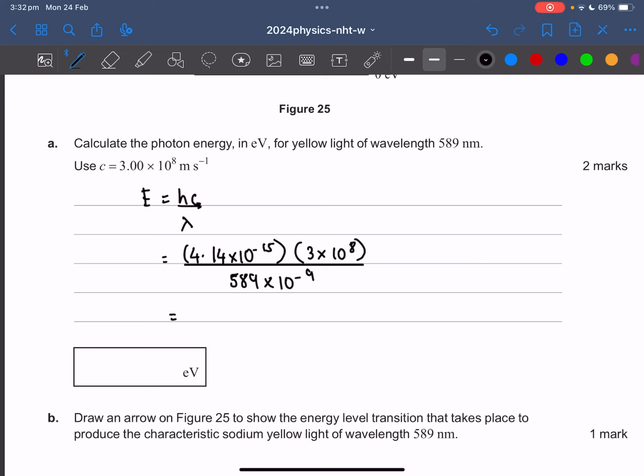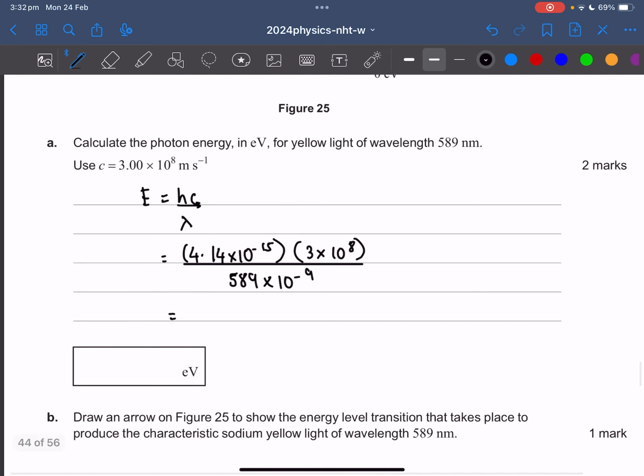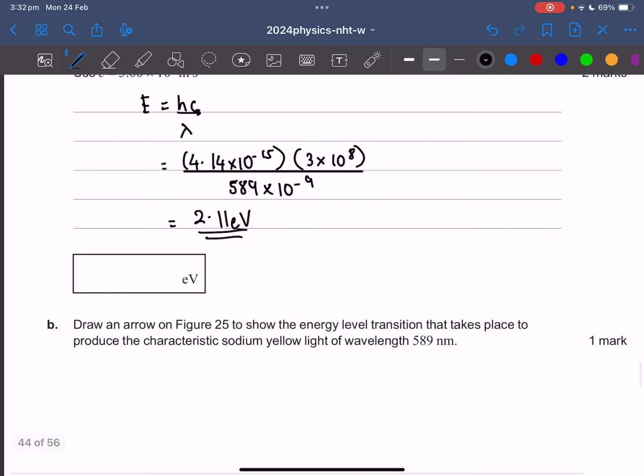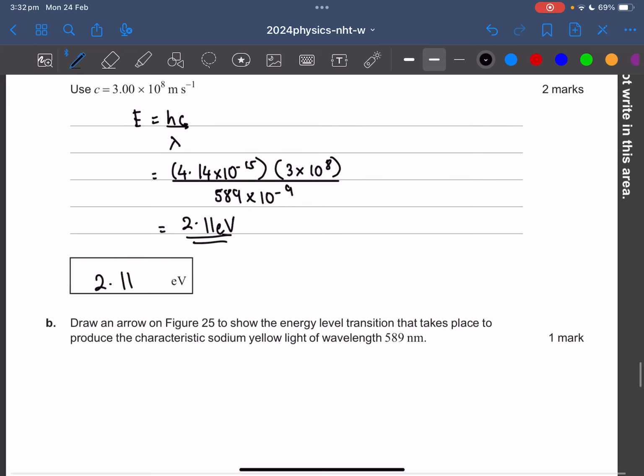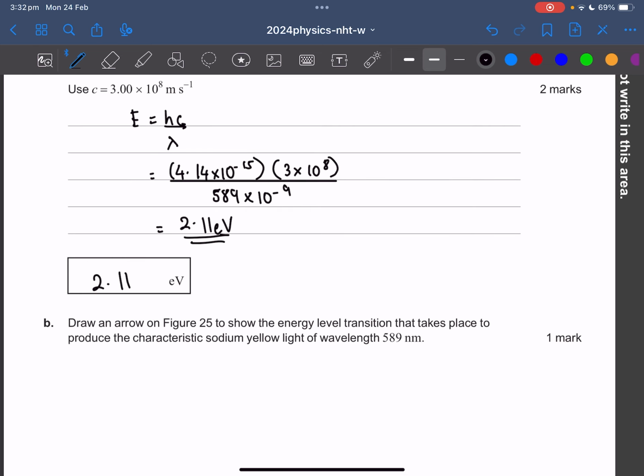Let's put that in our calculator. I get 2.11 eV.